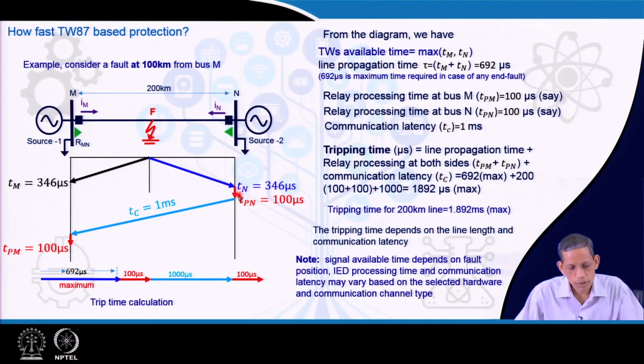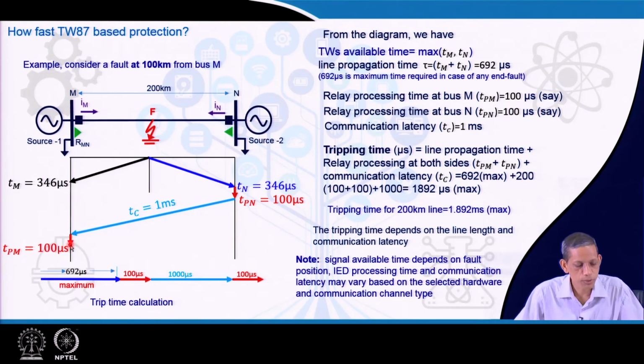At this point it takes 100 microseconds to process the signal, and then sends it to the fiber optic cable, with a communication time of 1 millisecond. T c is the communication time, P n the processing time at the N end, and then we require further processing time of 100 microseconds at the M end. As already mentioned in our diagram, every microsecond it captures the signal, but every 100 microseconds or so it processes the corresponding principle.